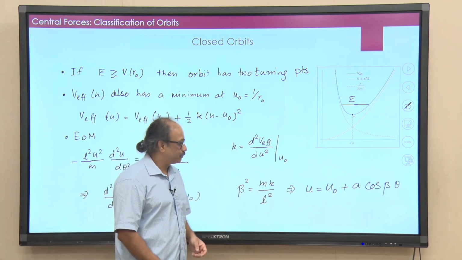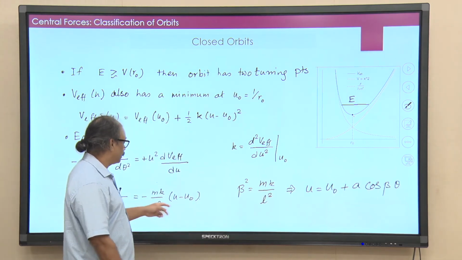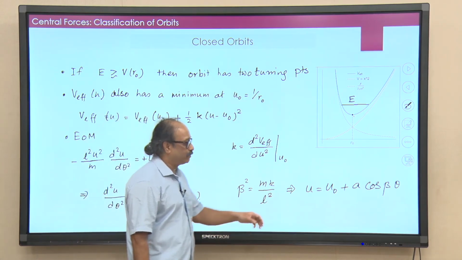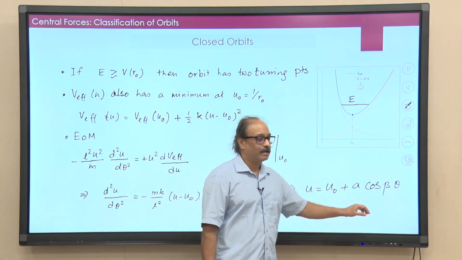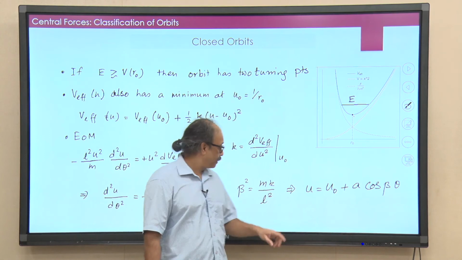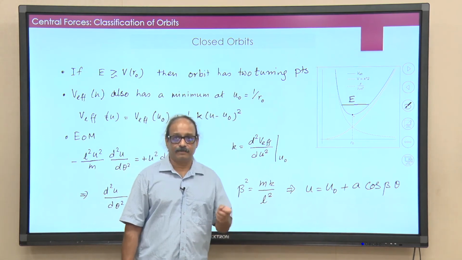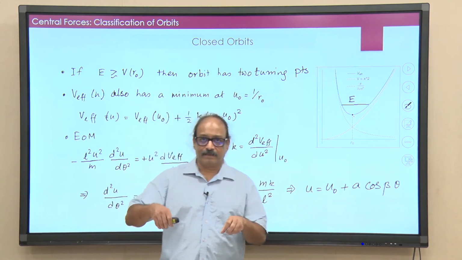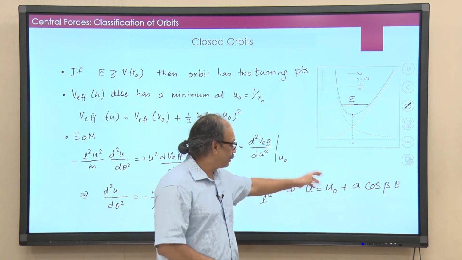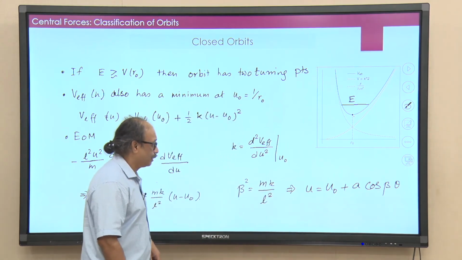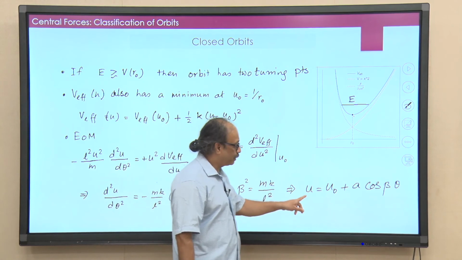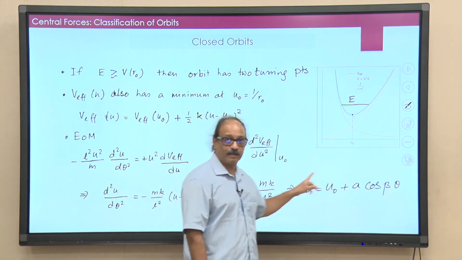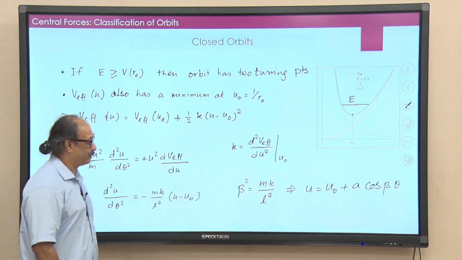And the solution we know: u minus u naught is equal to some constant times cos of beta into theta minus some theta naught, but that we can always adjust. So the solution can be immediately obtained.